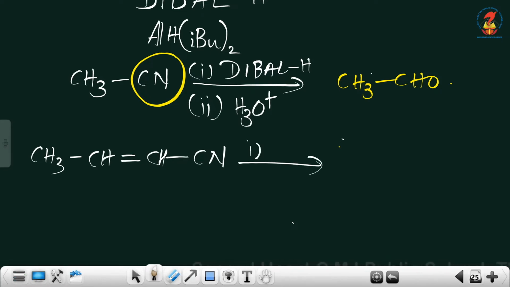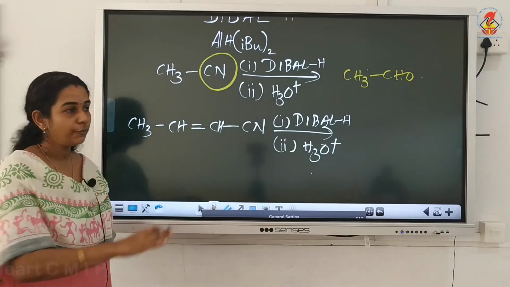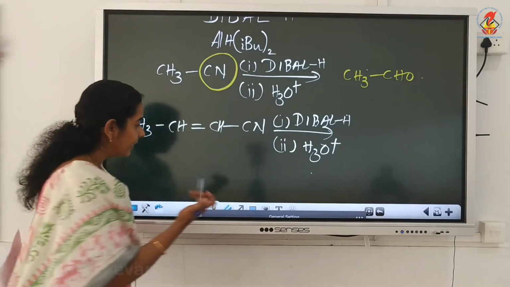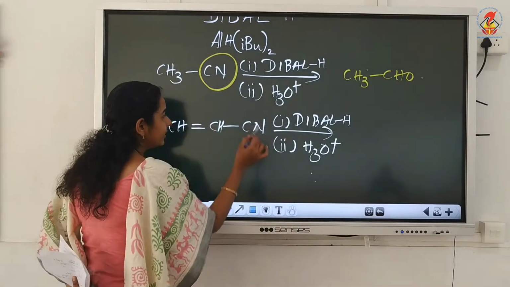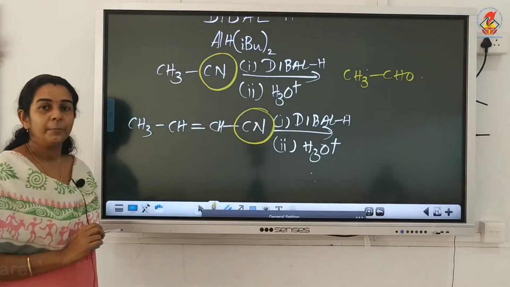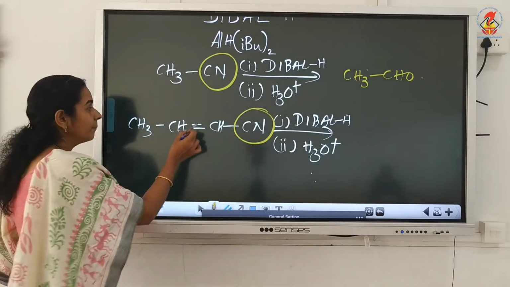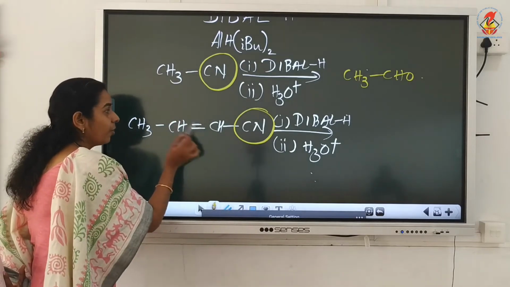If I am treating this compound first with dibal-H followed by hydrolysis, we know if we see this reagent above the arrow, the basic reaction taking place is simply replacing CN by CHO. But when we get such a question for the board exam, you will have a doubt, will there be any effect on this double bond?